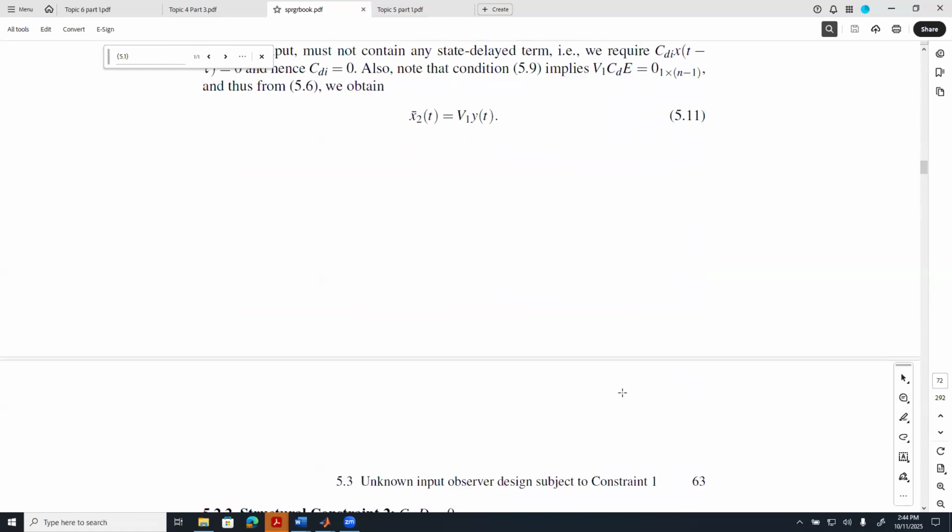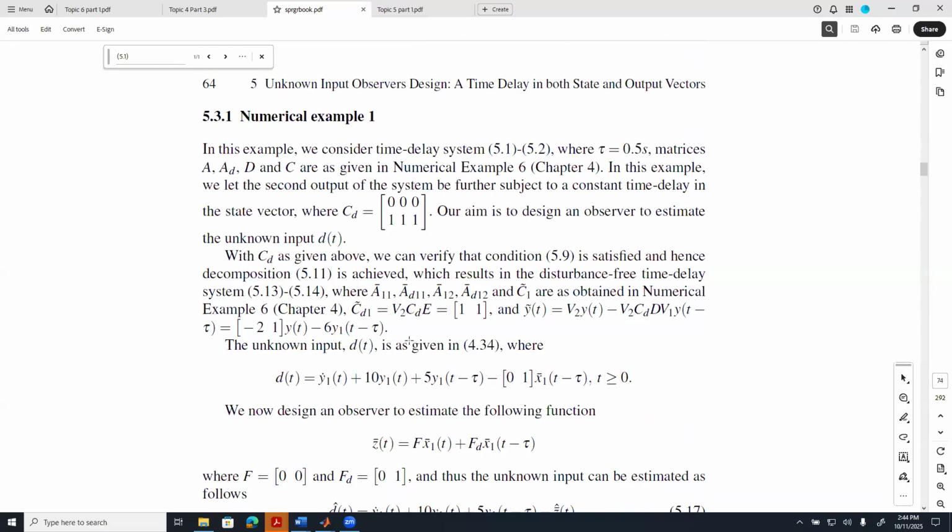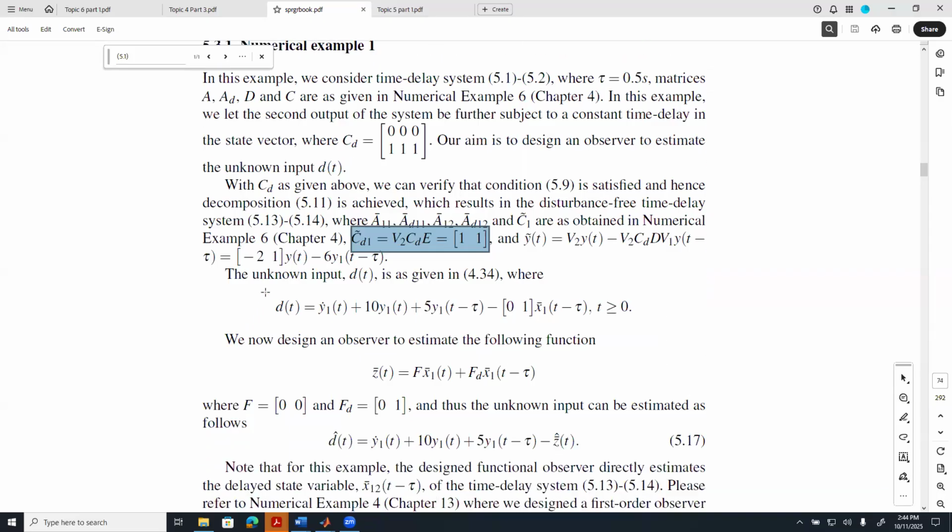The example that we are taking here is from example 1, chapter 5. When we do the decomposition, we have this C tilde D1 non-zero. We still arrive at the unknown input, which is expressed in its entirety, where we take the first derivative of output measurement 1, and its delay measurement.